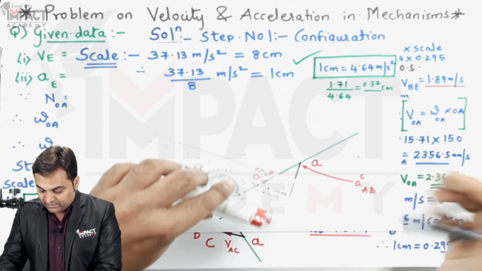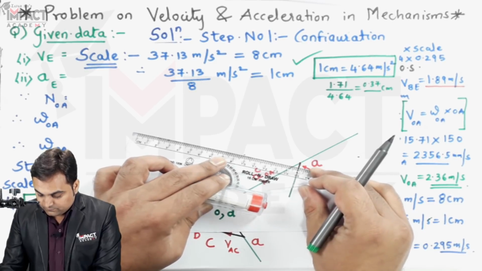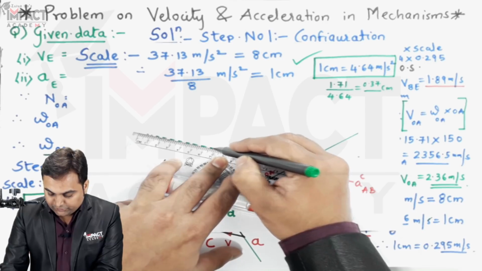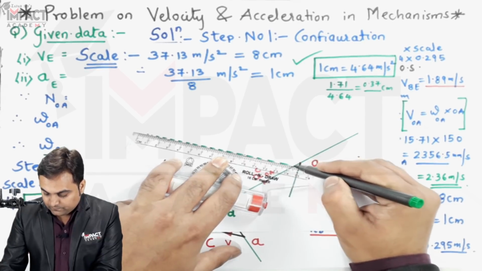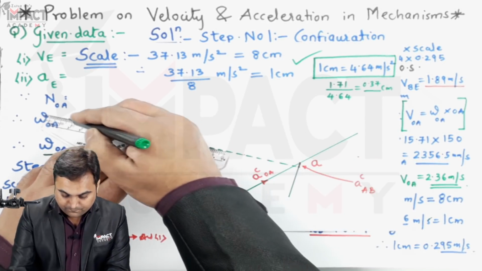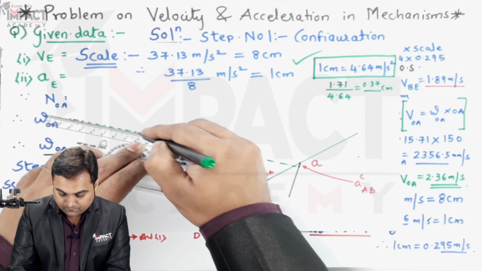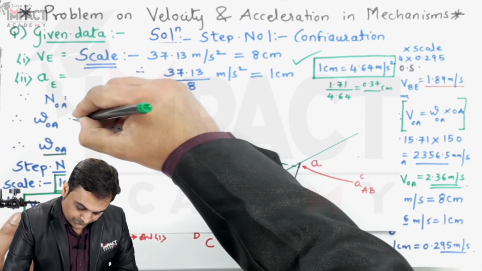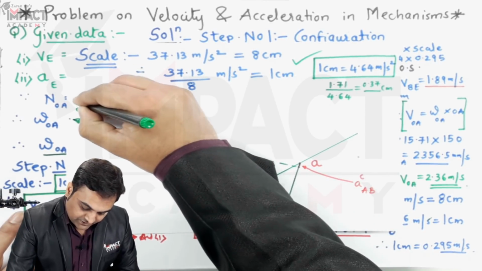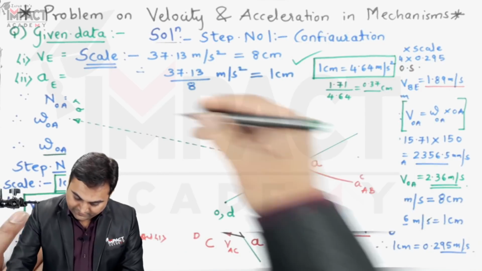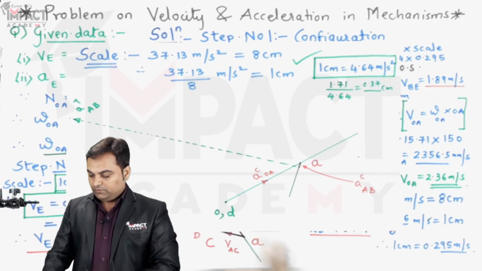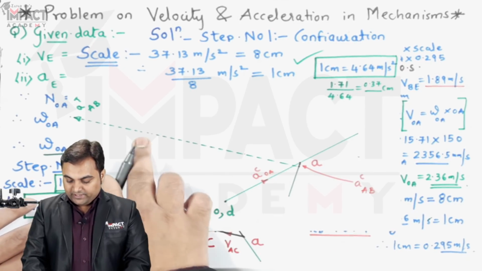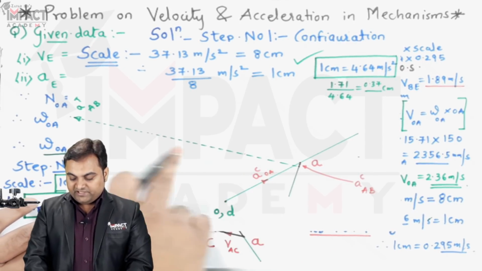So drawing a light dotted line, now this line is showing the direction of tangential acceleration for link AB. The magnitude we don't have, it means we do not know where point B would be on this line.